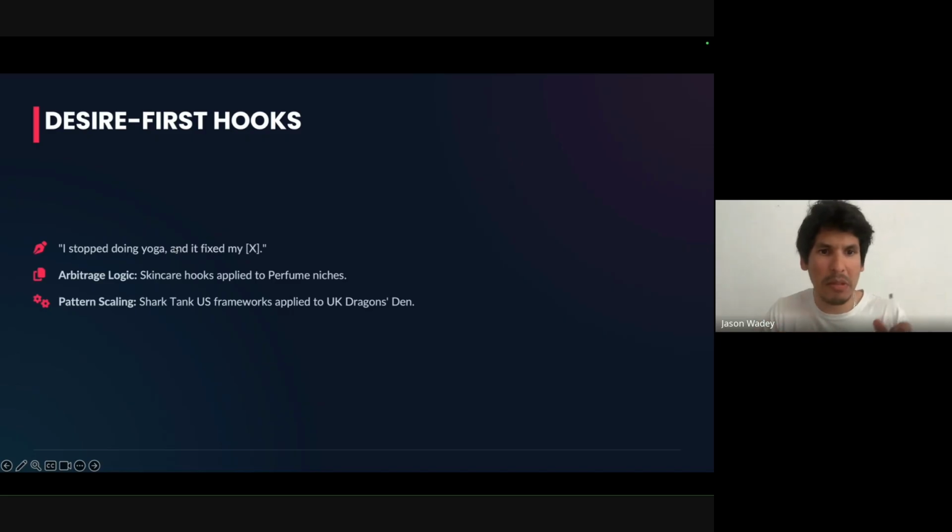There are a lot of different hook styles, so I'm not going to yap on too long. But this would certainly grab someone's attention in this kind of market: "I stopped doing yoga and it fixed my back pain." That grabs someone in that market, because most people think yoga is good for you, that you stretch yourself out, that it's going to improve your back pain, your body, your fitness overall.